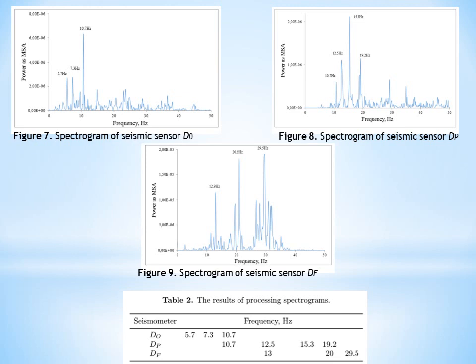To explain the obtained non-trivial results, a frequency examination of the obtained oscillograms was carried out. The frequency spectrum was studied. The results of spectrogram processing are given in Table 2. According to the results of frequency studies, it can be concluded that there is some correlation in the region above 10 Hz between the frequency properties of seismic signals from the DP and DF sensors installed on different sides of the rock massive destruction zone.